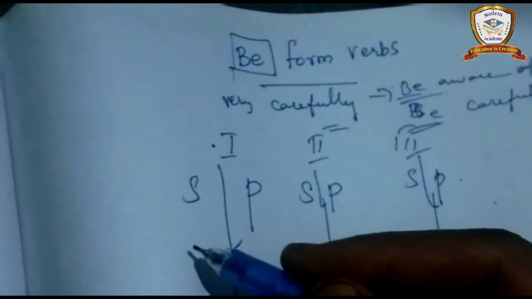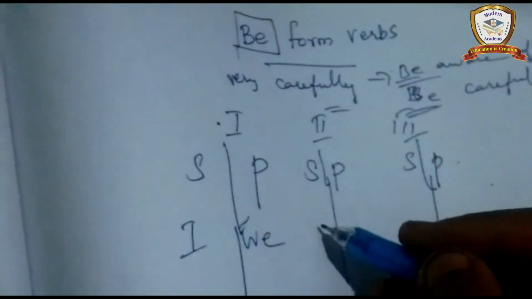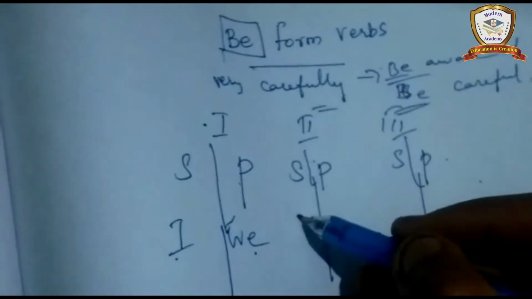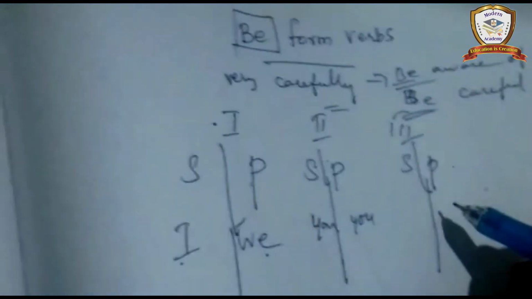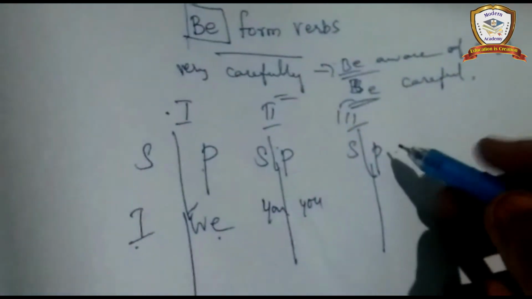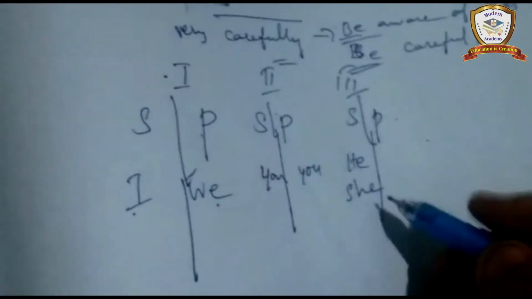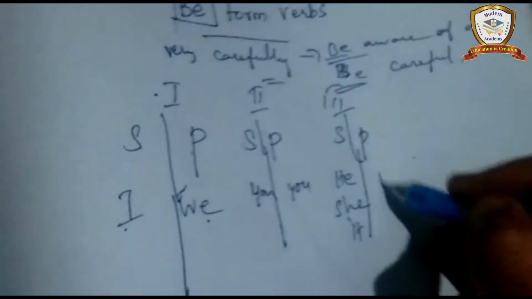First person singular means you can say I, plural means we can say we. Second person singular you, plural you, the same only. And third person singular we can say he, she, it, and third person plural they.